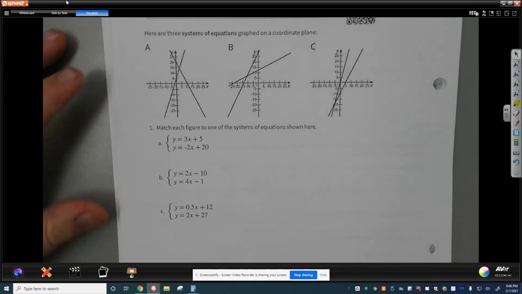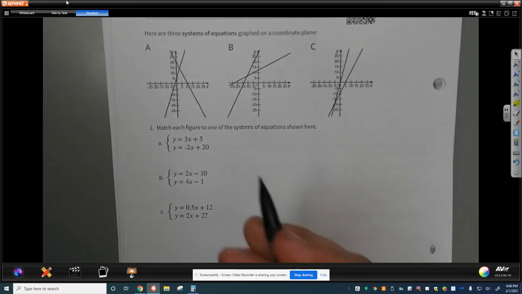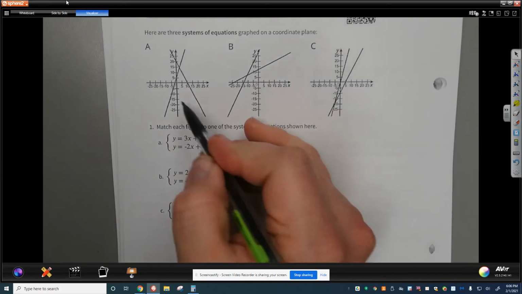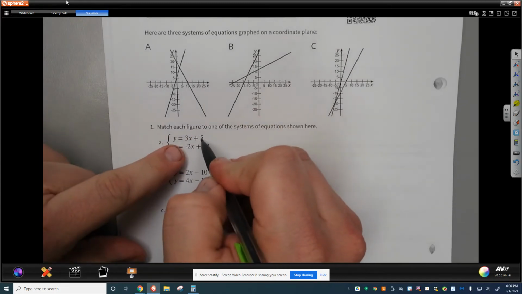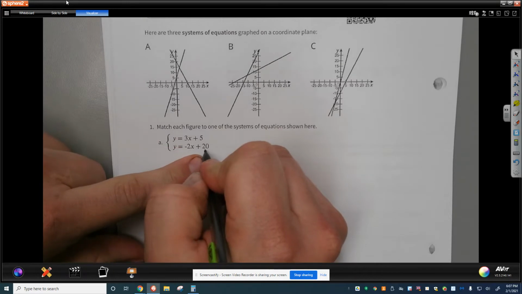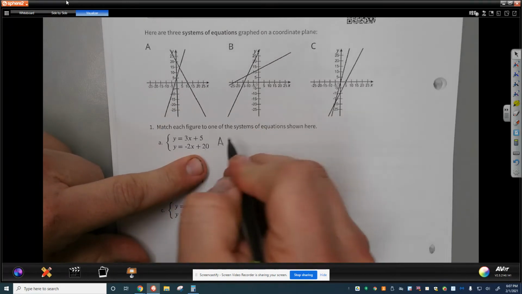So our questions would be, which one is going to match where? We can do a couple of things to be able to look at this. First off, number 5, y-intercept of 5. Looking at this piece, this has a y-intercept of 5 and a y-intercept of 20. That's definitely A, because I see both those as y-intercepts.